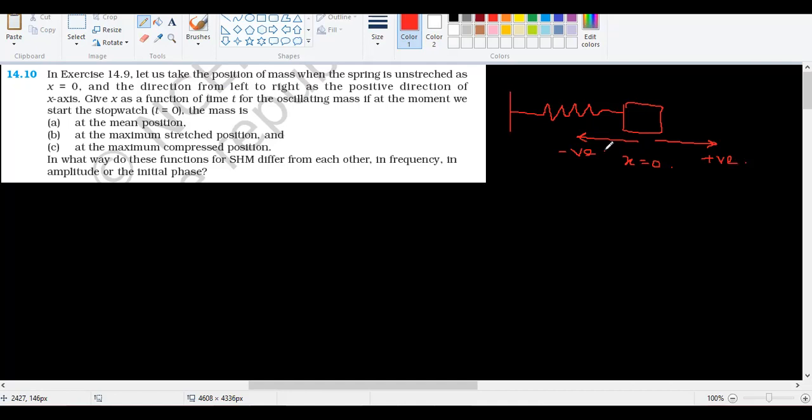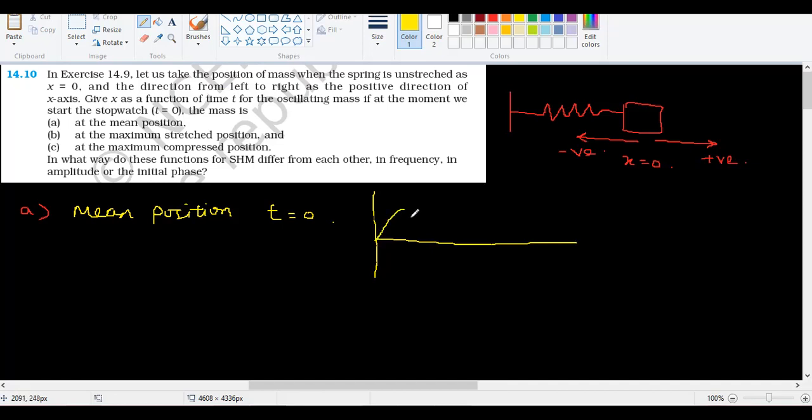If at the moment we start the stopwatch, t equal to 0, the mass is at the mean position. So if you take t equal to 0, can anyone tell me, should the graph start like this, or should the graph start like this? This is your displacement, this is your time.